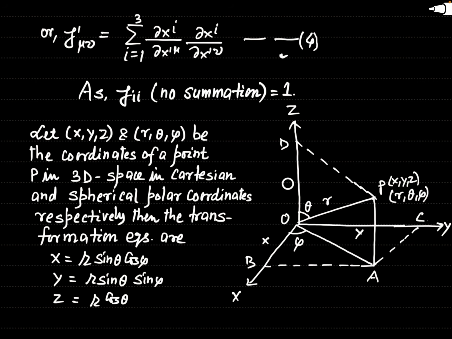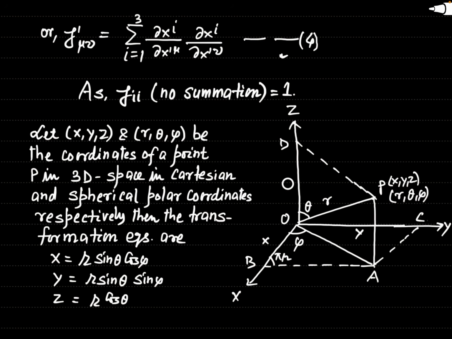I hope you have an idea of the transformation equation between the Cartesian coordinates and the spherical polar coordinates. But just as a reminder, if you want to transform x, y, z in terms of r, theta, phi, what do you actually do? We draw a perpendicular PA on the xy plane, and then we draw a line AB parallel to the y-axis, so it will intersect the x-axis at B at an angle of 90 degrees. This angle does not appear like pi by 2, but it is pi by 2.